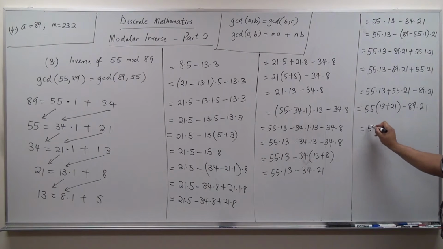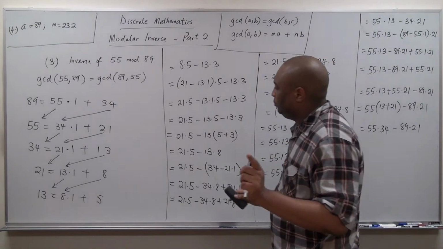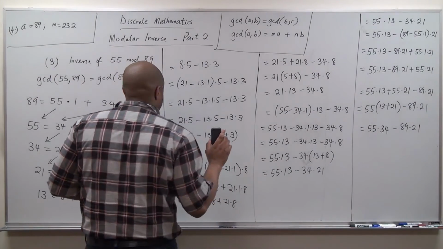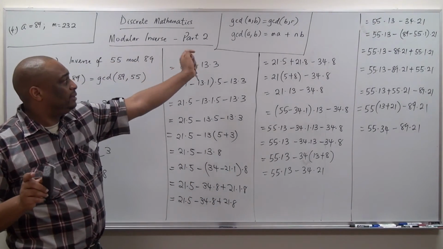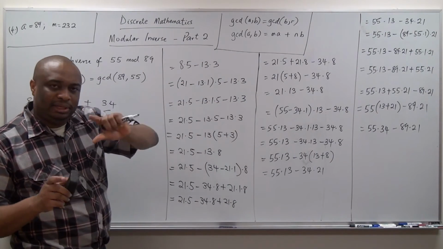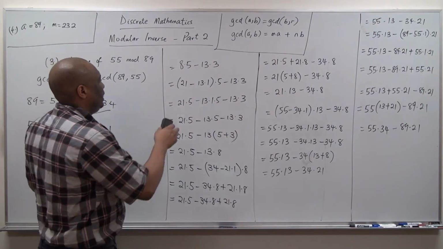So this will now be 55 times 34, right? Minus 89 times 21. So we've now, with the Bezout's coefficient, Bezout's identity, it's easier to now find the inverse of that.